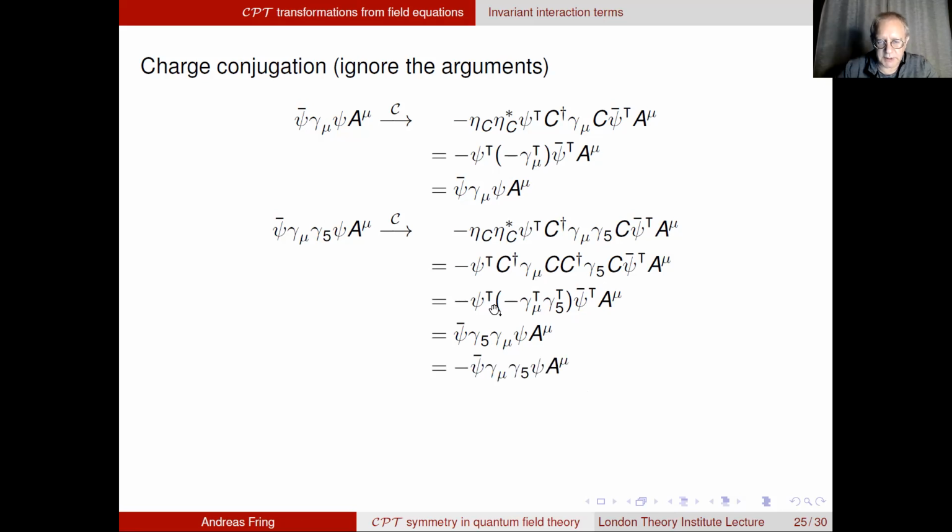But now the difference is that the gamma 5 is on the left of the gamma mu. So to convert it into the expression we started with, I have to commute the gamma 5 and the gamma mu, and we pick up a minus sign. So this term is not invariant under charge conjugation, and therefore the overall chiral Lagrangian interaction term is not invariant under charge conjugation.